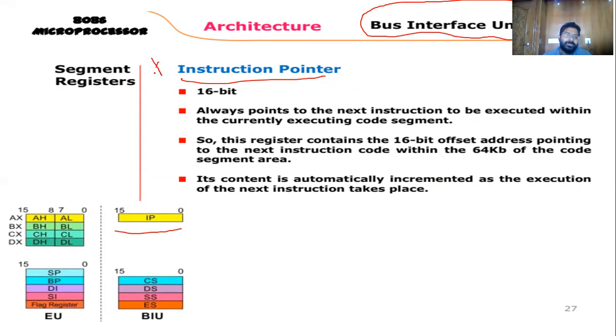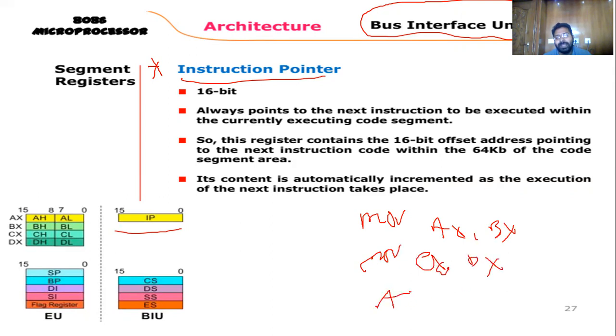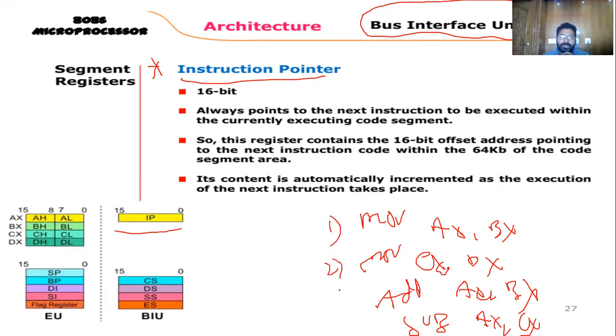Very important. You know that for a microprocessor, suppose move ax comma bx, move cx comma dx, suppose add ax comma bx, subtract ax comma cx, like this. We have written these instructions here.